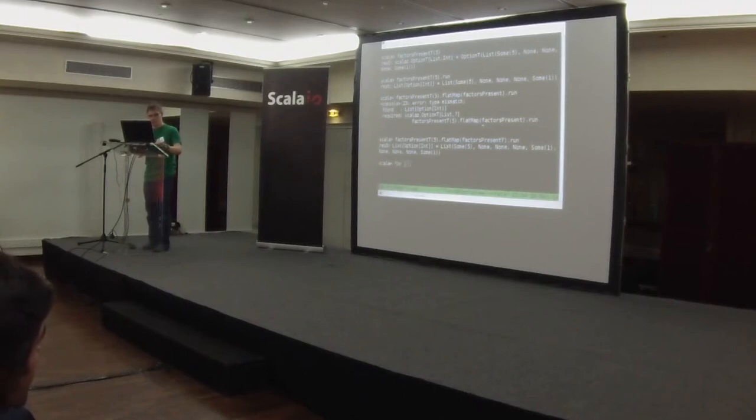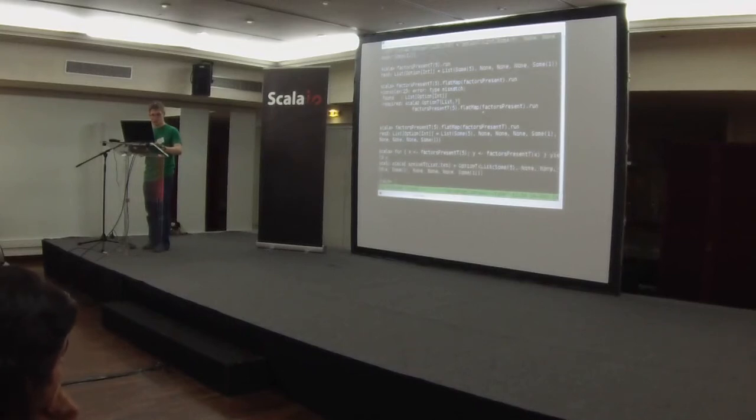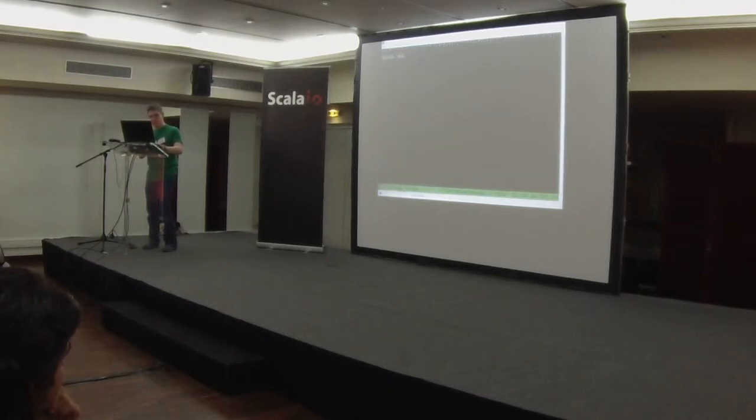So for x from factors present 5, y out of factors present x yield y, you also get basically the same thing. And this also works for this expensive computation we had. So we have expensive, let's say 5 T 5 flat map, expensive computation step.